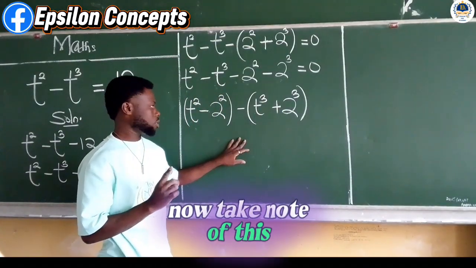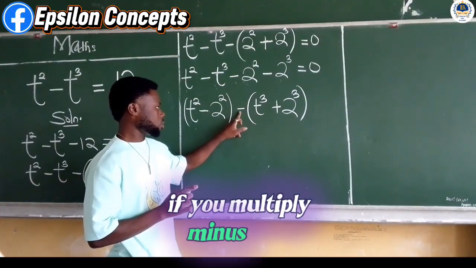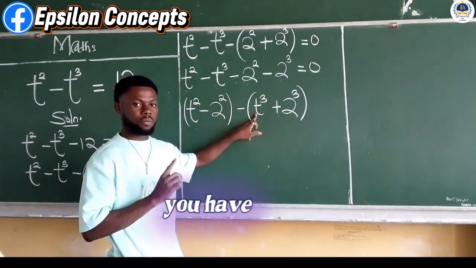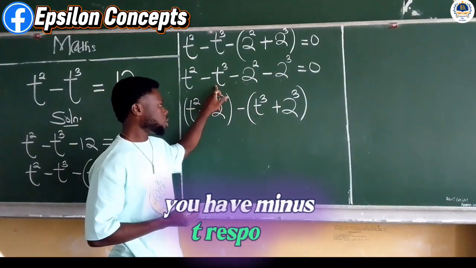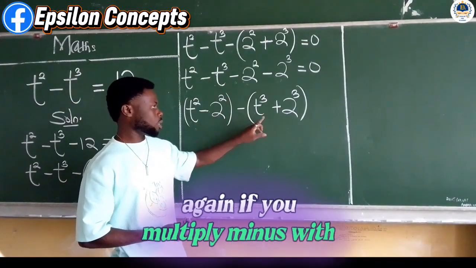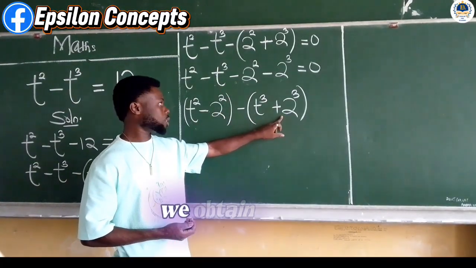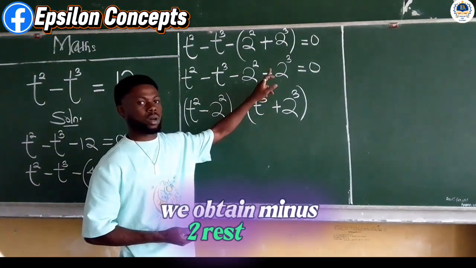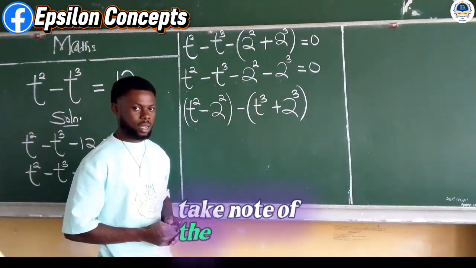Now take note of this. If you multiply minus by t raised to the power of 3, you have minus t raised to the power of 3. Again, if you multiply minus with minus 2 raised to the power of 3, we obtain plus 2 raised to the power of 3. Take note of the sign.